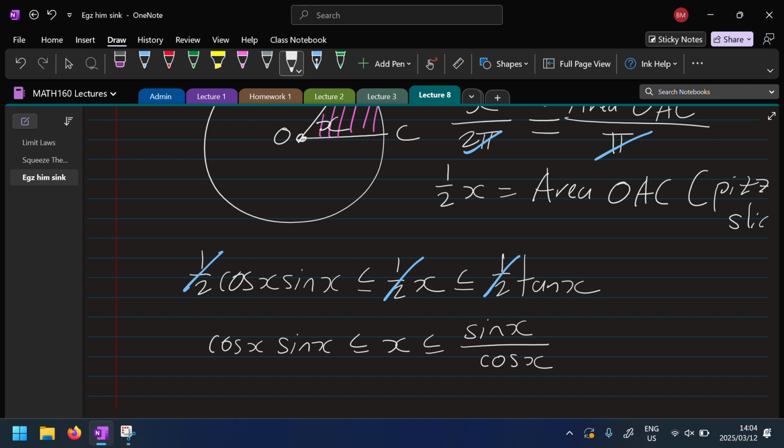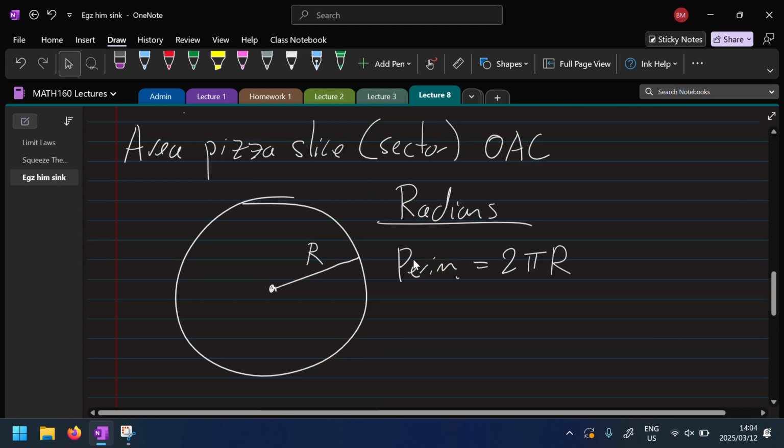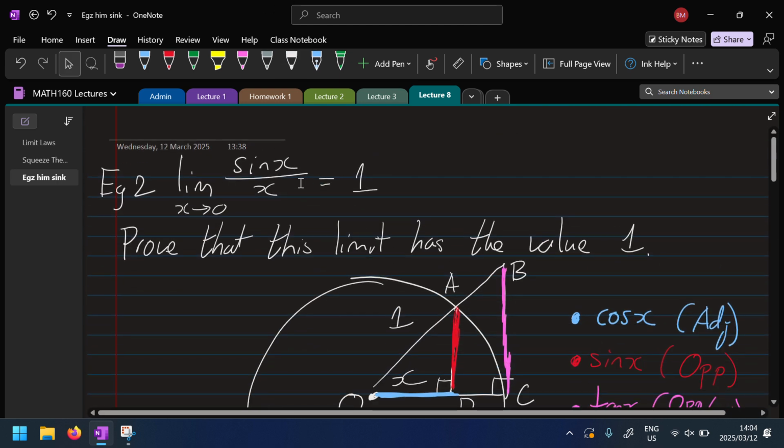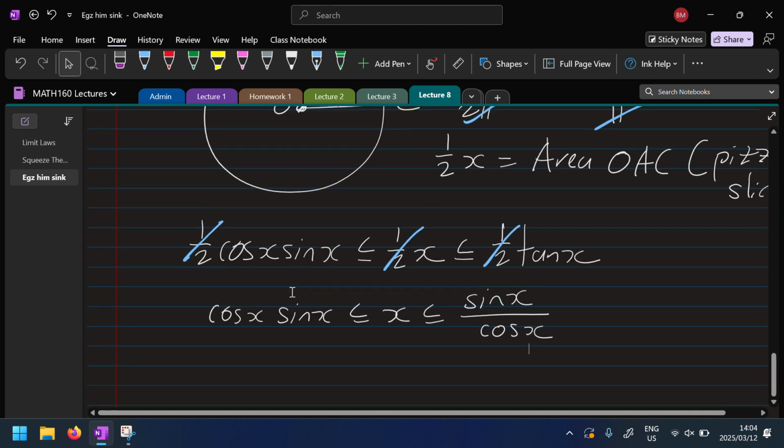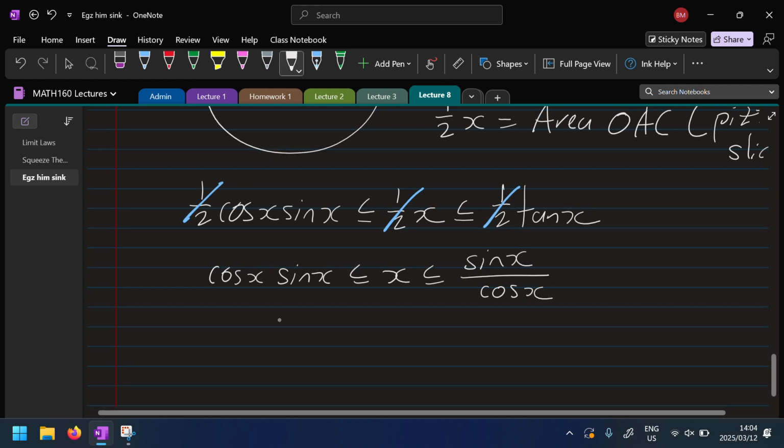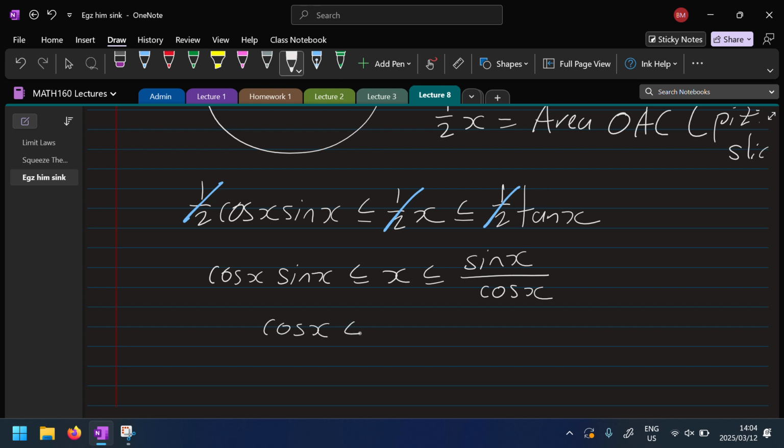What we want is the sine x to be in the middle, because the middle is the goal, right? Again, don't forget what we want. We want sine x over x. So over here, we want sine x to be in the middle. Let's divide everything by sine x. So I'm just dividing through by sine x. Now, in the middle, we've got x over sine x.